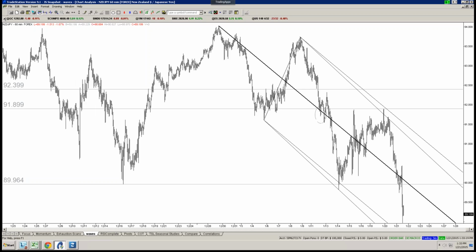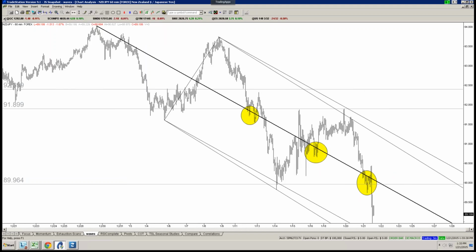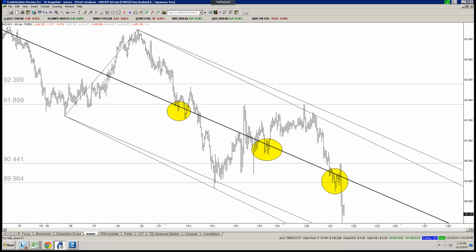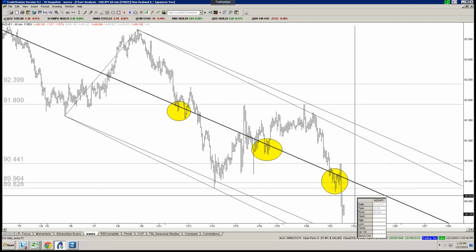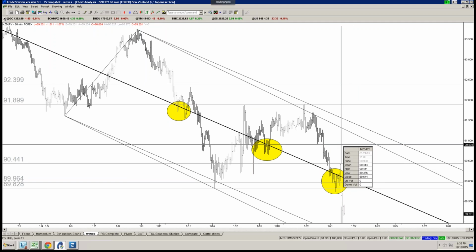You want to see some pokes here, consolidated around this thing. You want to see if you can end up getting resistance at this former low at 89.96, call it 90 if you want, and the median line, and be looking to short against 90.40.